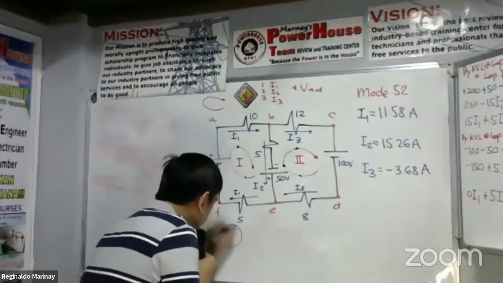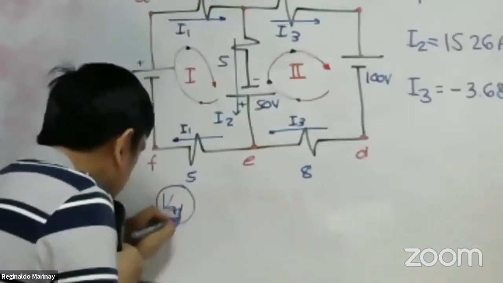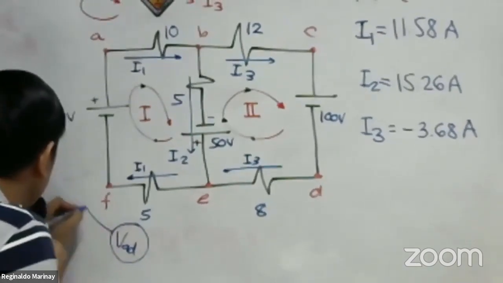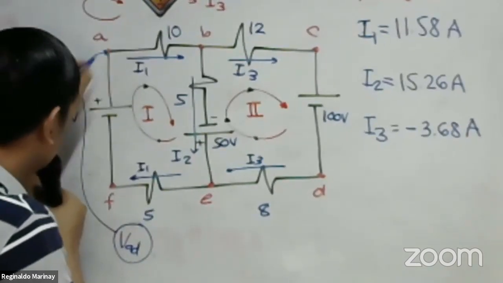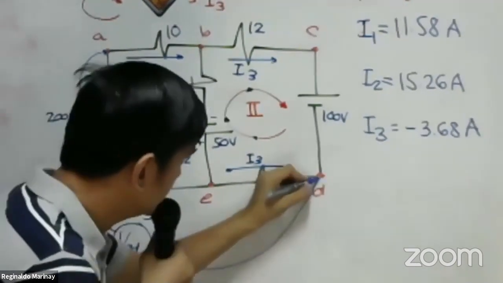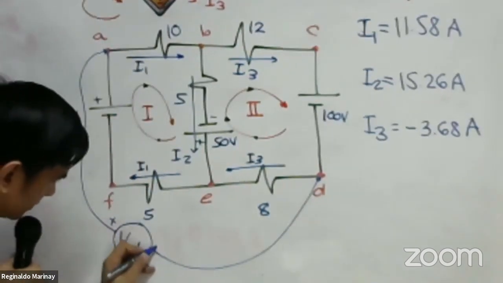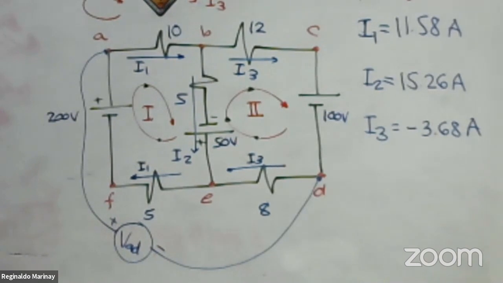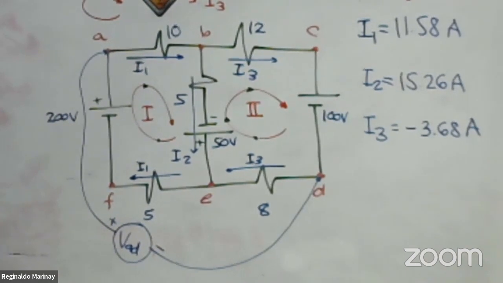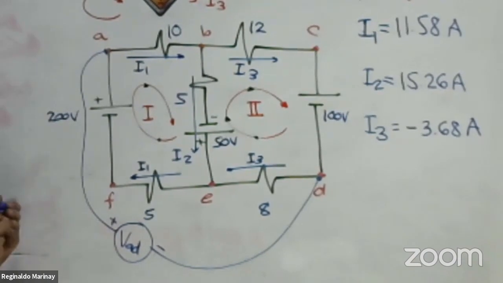We have to put a voltmeter here, VAD. Put it here at point A going to point B. Then let us assume the positive and negative terminal of the voltmeter. There are many ways of solving this problem.